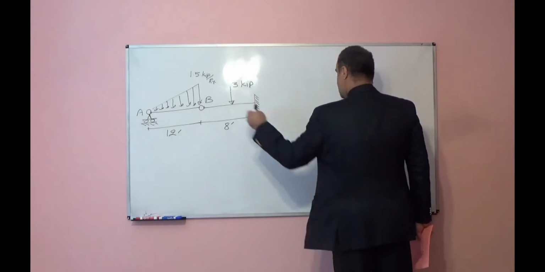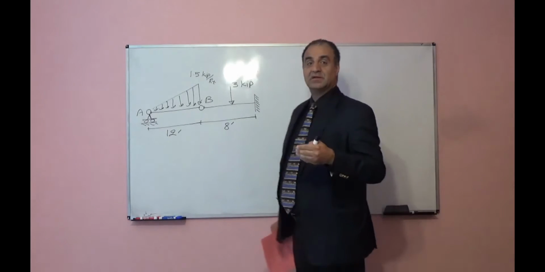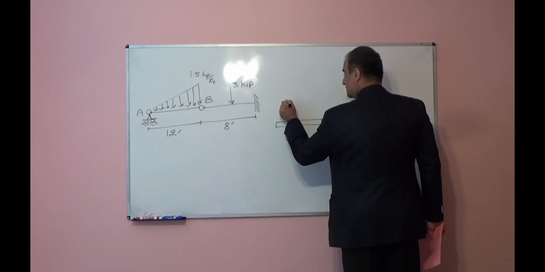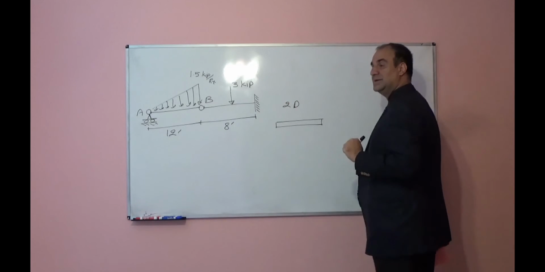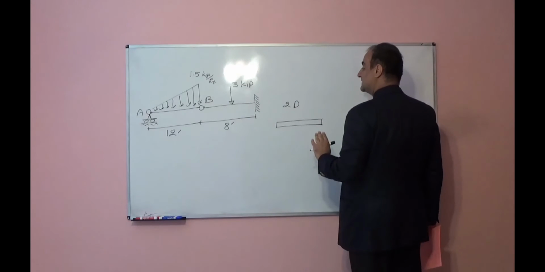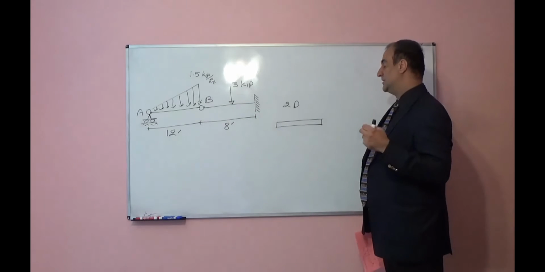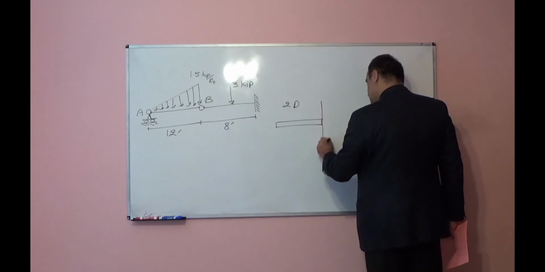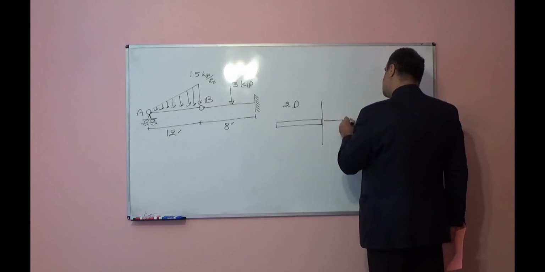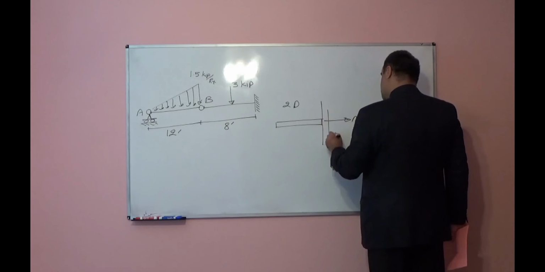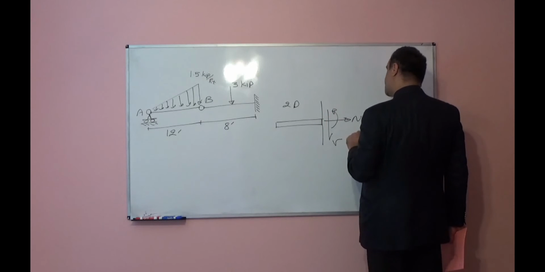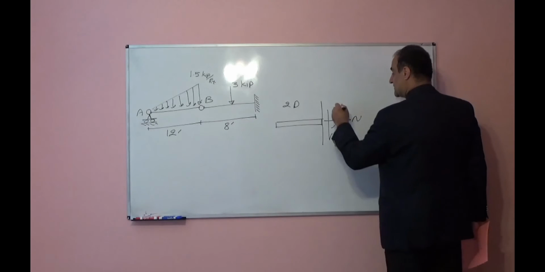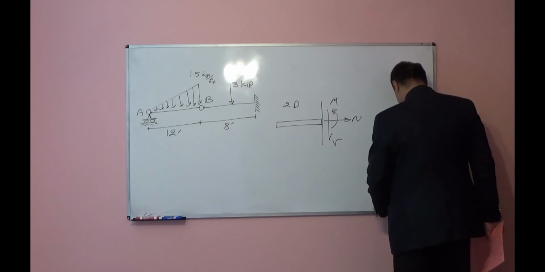In any location, if we cut a beam element for a 2D in-plane structure, in any section we cut the beam, we need 3 internal forces to satisfy equilibrium for that segment. One of them is axial force, another is shear force, another is bending moment.